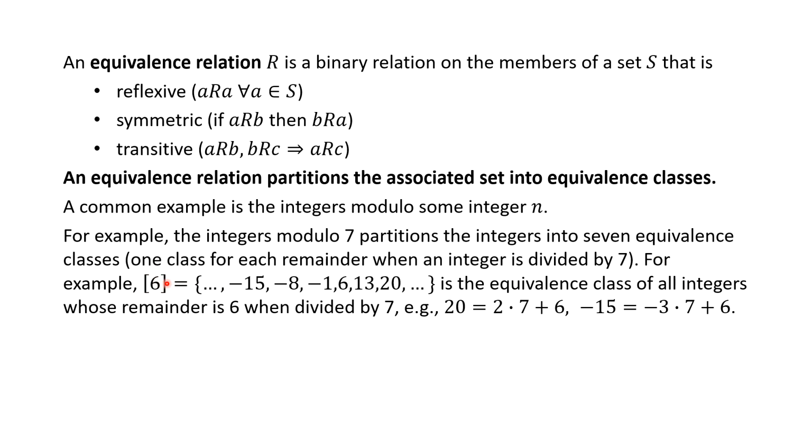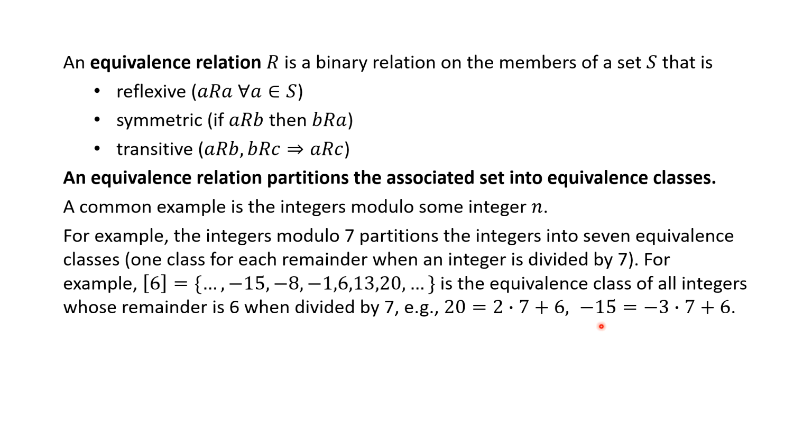So this is the one for 6. So it's all the integers that leave a positive remainder of 6 when you divide by 7. So for example, 20, if you divide that by 7, it equals 2 times 7 plus 6.